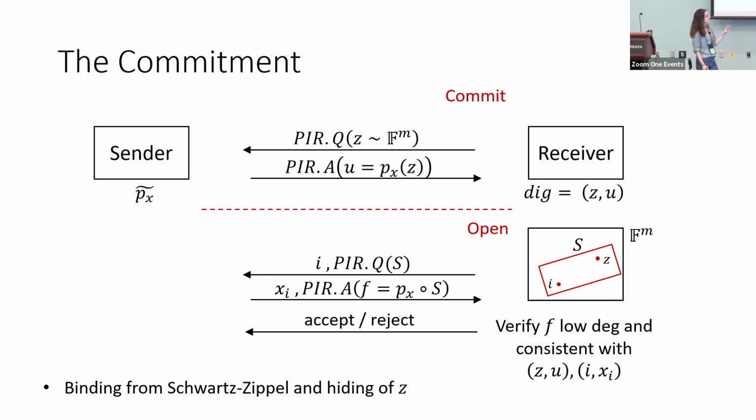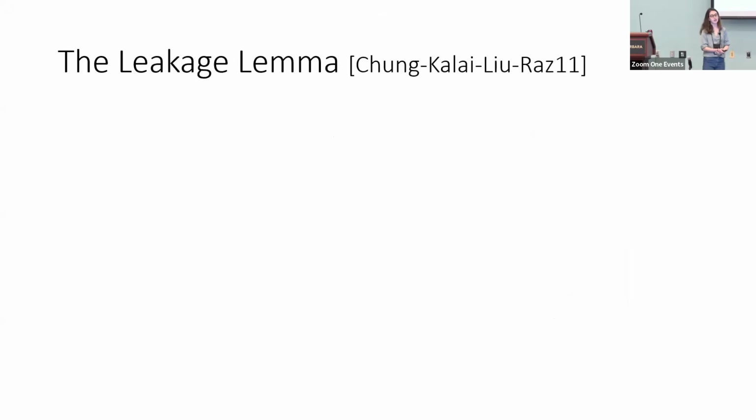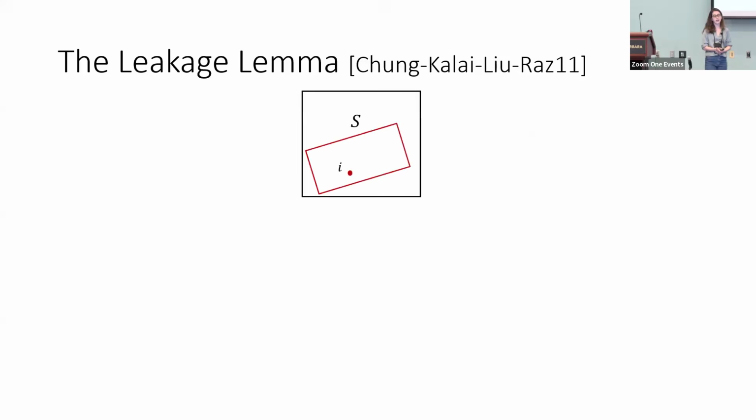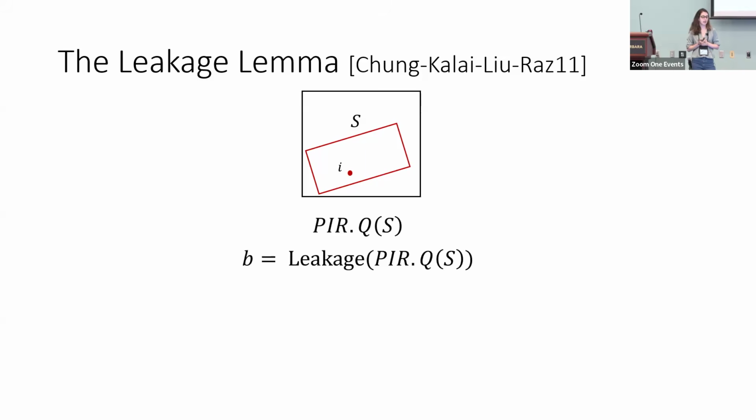Now, the leakage lemma is also the reason why we need to use a plane instead of a line, which is enough for Schwartz-Zippel lemma. So what is this leakage lemma? In the leakage lemma, we have a random plane that contains a known point I, and we say that a distinguisher that gets an encryption of this plane, which in our case is done using PIR, and a leakage bit on this plane cannot distinguish a random point in the plane from a general random point in the entire space.